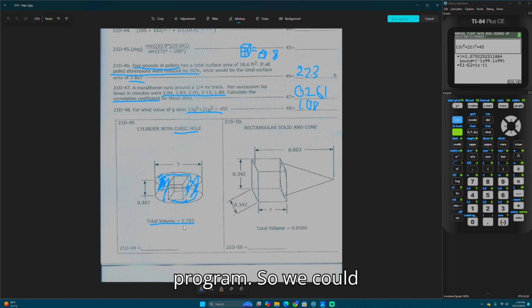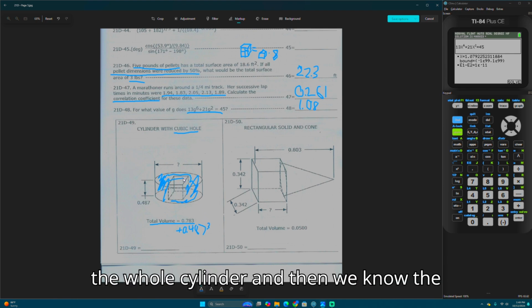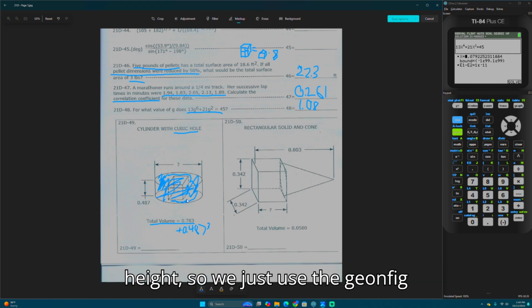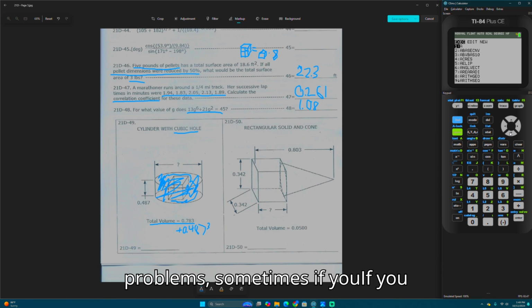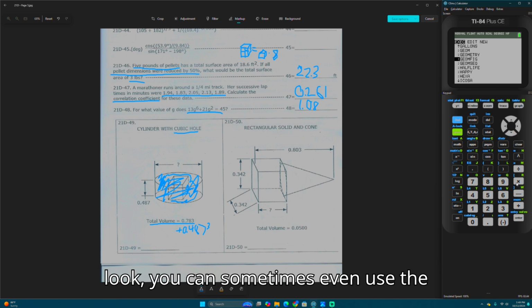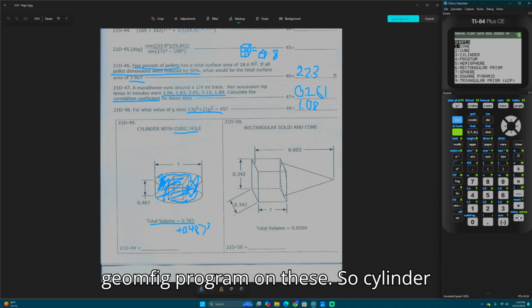So we could add 0.487 cubed, and that'll give us the volume of the whole cylinder. And then we know the height, so we just use the geomfig program. So you see, even for the harder problems, sometimes if you look, you can use the geomfig program on these.